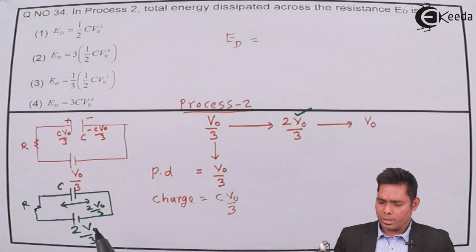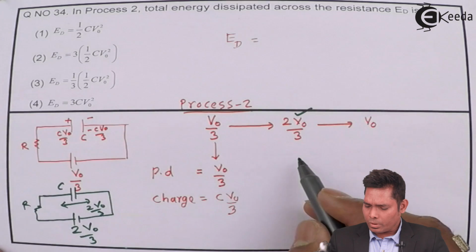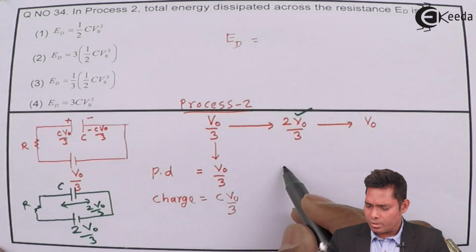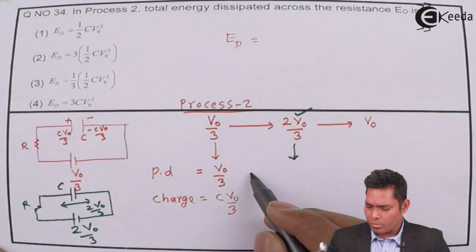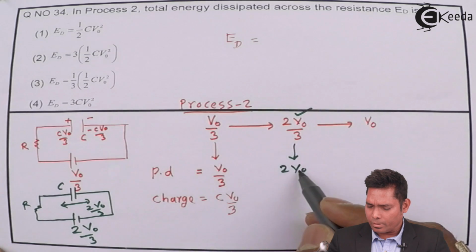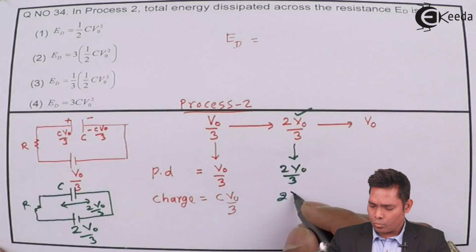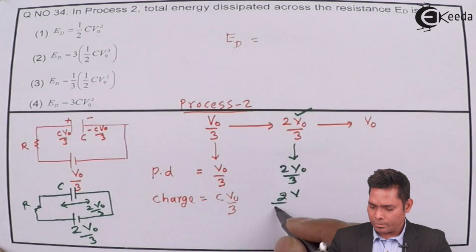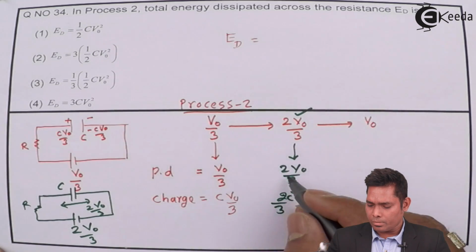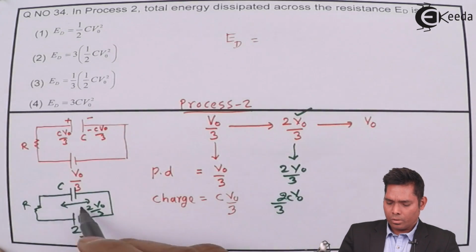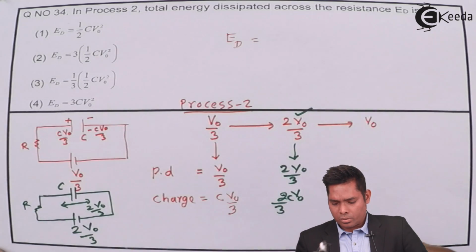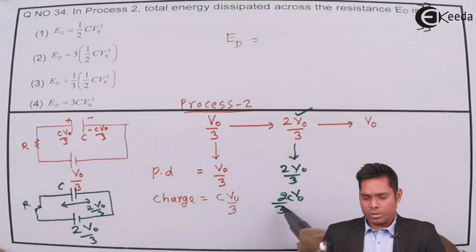So the charge will be 2 by 3 V naught into C, that is 2 by 3 CV naught.